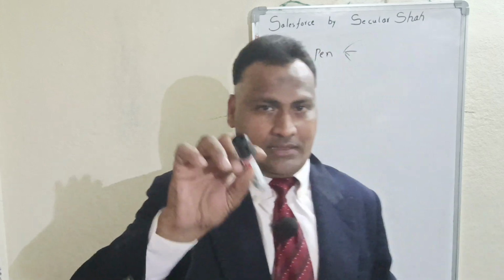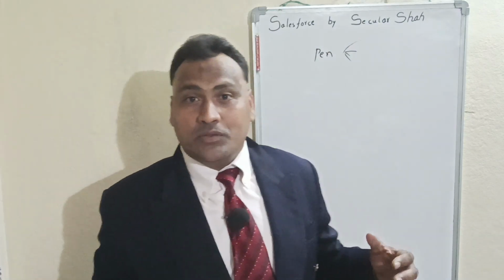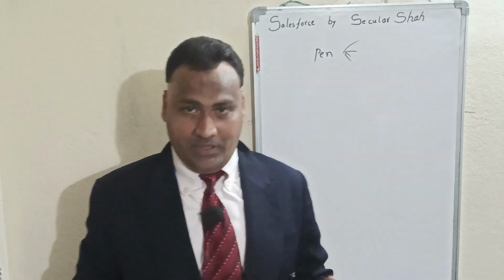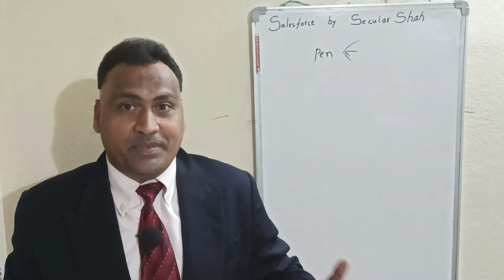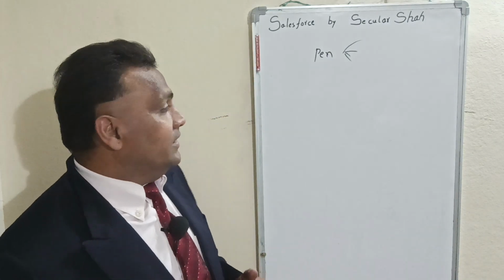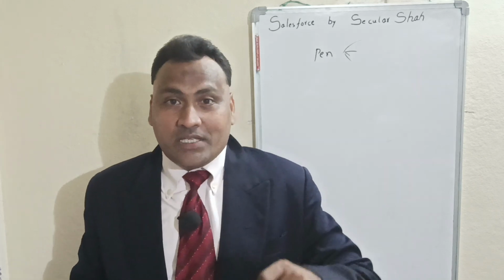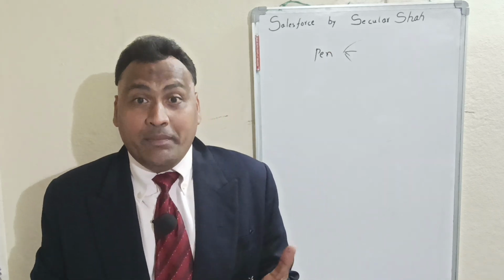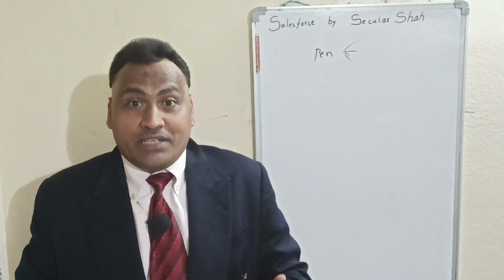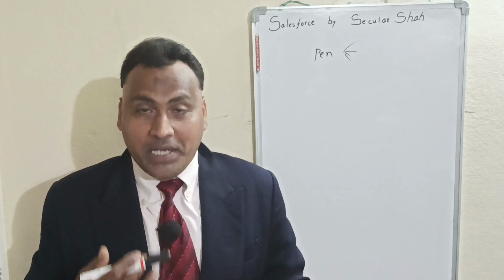So how many values can I store? One, that is Luxer. Like this, I do have a collection of pens. To store this, what do I need? A data type which can store a collection of values, not one pen, multiple pens.